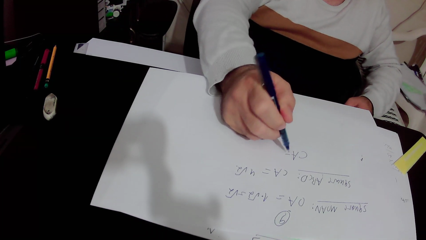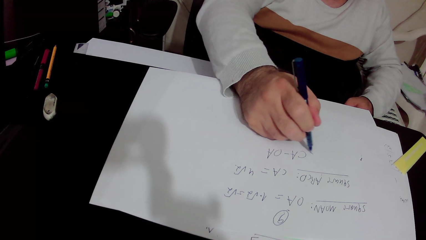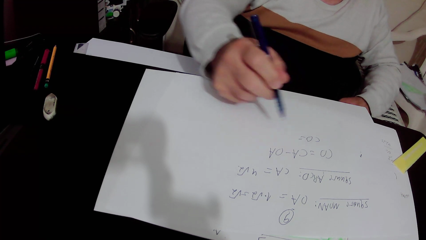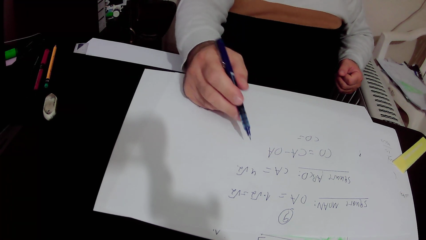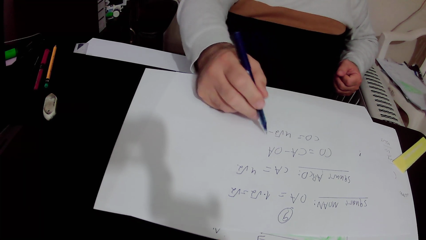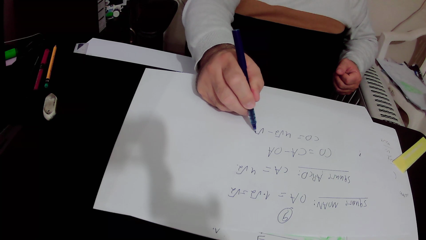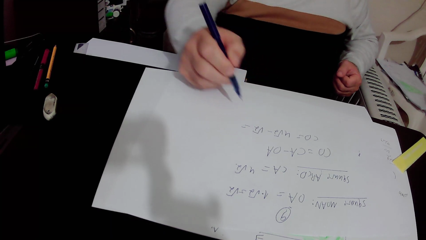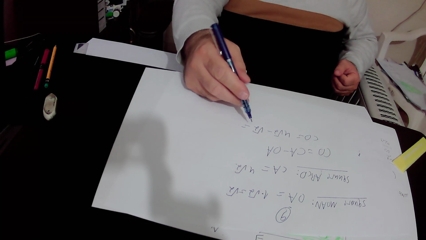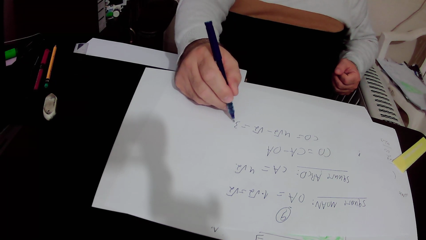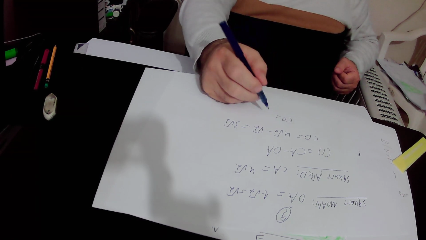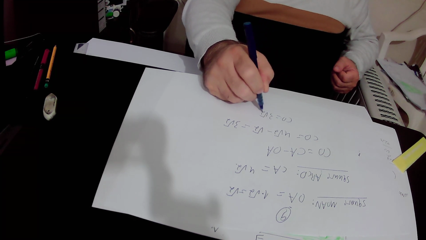CA minus OA equals CO. That is to say, CO equals CA, which we found equals 4 times square root of 2 units, minus OA, which equals square root of 2 units. So 4 times square root of 2 units minus 1 times square root of 2 units equals 3 times square root of 2 units. That is to say, CO equals 3 times square root of 2 units.